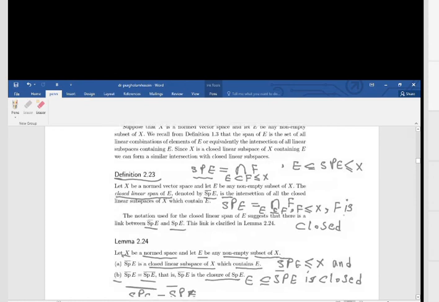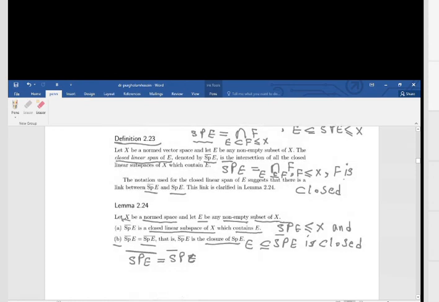It means that, lemma: let X be a normed space and E be any non-empty subset of X. SP E, with the bar on just E, is a closed linear subspace of X which contains E. And SP E bar equals SP E with the bar on all of SP E. That is, SP E bar is the closure of SP E, as you see.